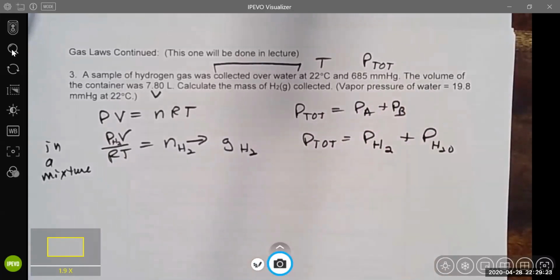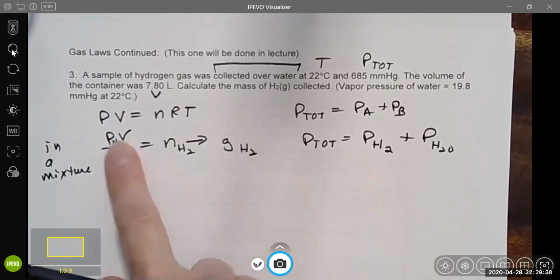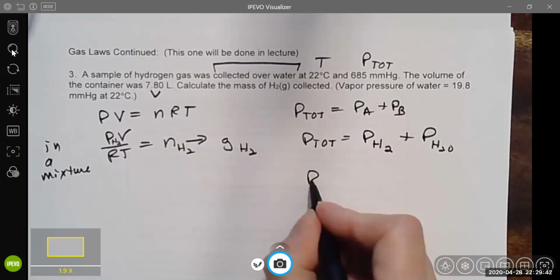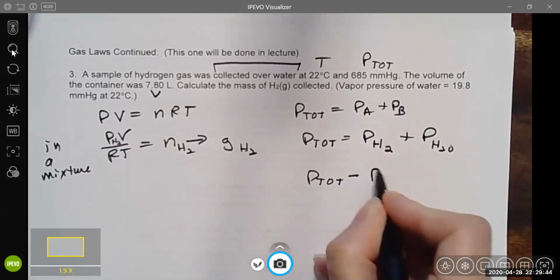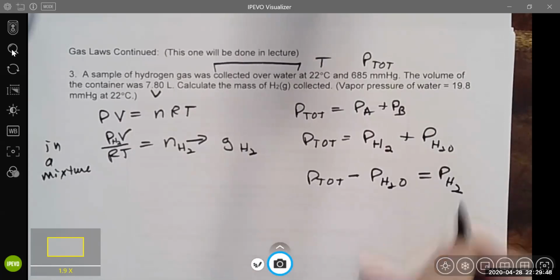The partial pressure of water that's hanging out over a liquid is called the vapor pressure. So now we have a way to do this, because I've got the total pressure, I've got the vapor pressure of water, and I can find my pressure of hydrogen and then plug it in here. So I'm just going to solve this. Pressure total minus pressure of water equals pressure of hydrogen, okay?